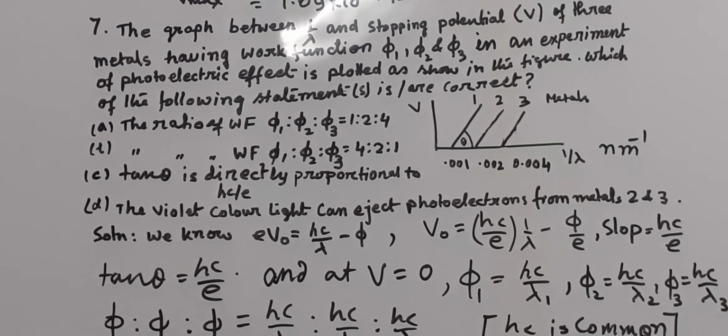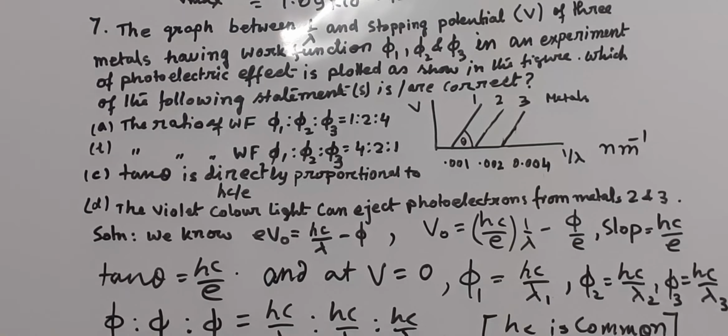There are 3 metals 1, 2, 3, V versus 1 by lambda is drawn here, that unit is nanometer to the power minus 1, values of 1 by lambda are given 0.001, 0.002, 0.004 for 3 metals.